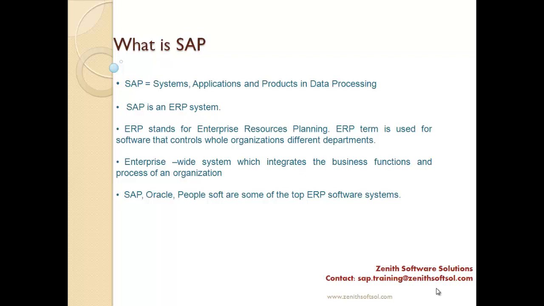So this software controls these departments and also integrates the business functions and the processes between these departments in the organization. So SAP is one of the ERP software systems. Apart from SAP, there are other ERP systems such as Oracle and PeopleSoft.